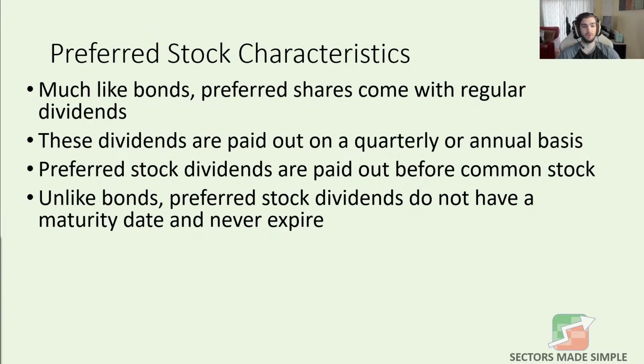Preferred stock does not work like that. For preferred stock, they have no maturity date, which means that they never expire. So you keep getting those dividends over and over and over and over for as long as that preferred stock exists.